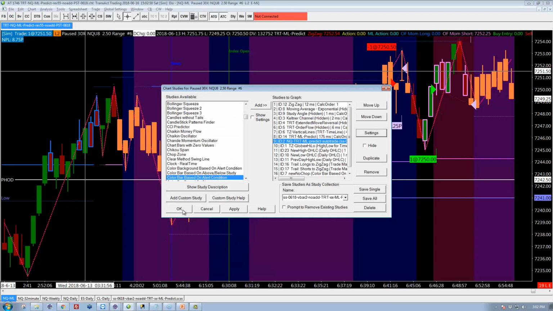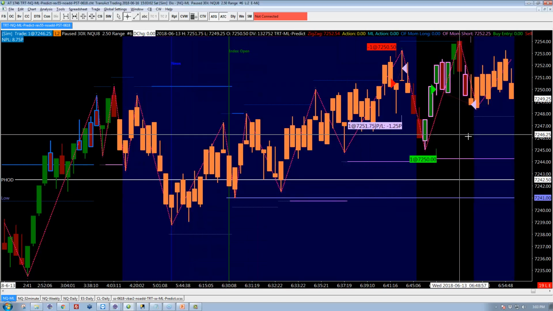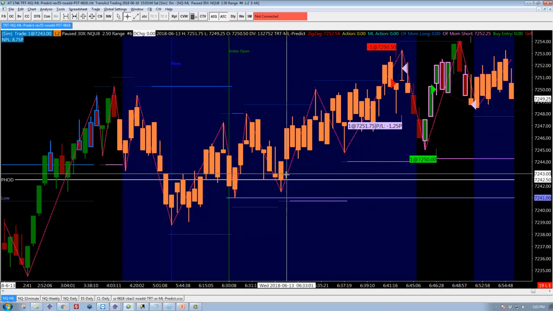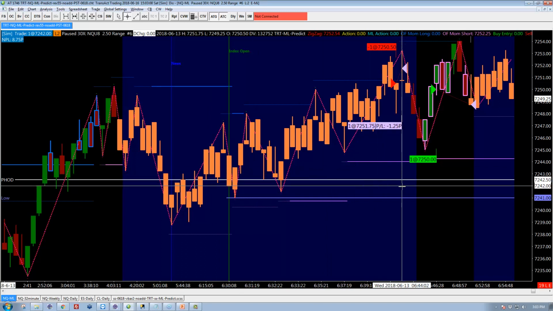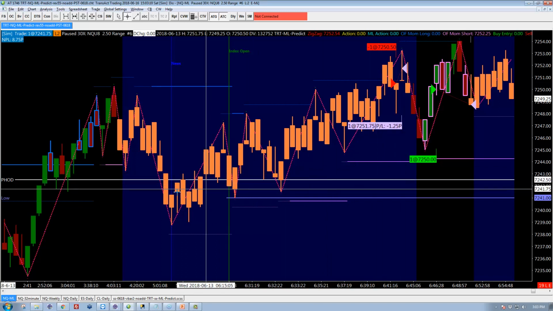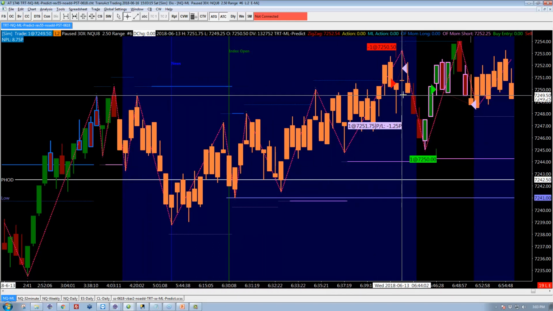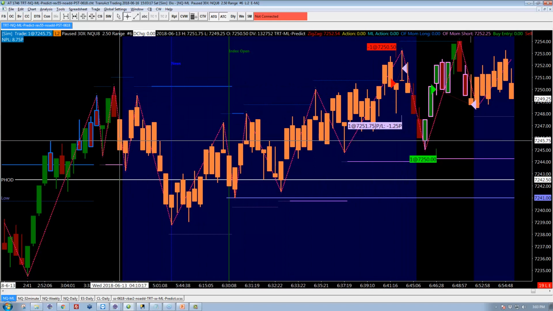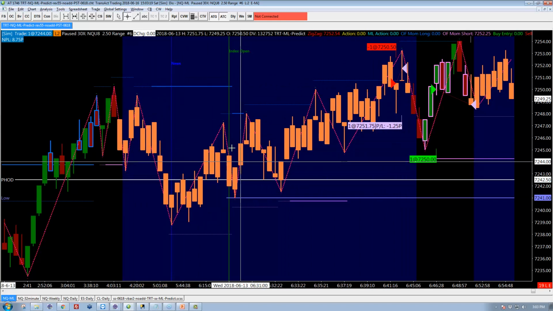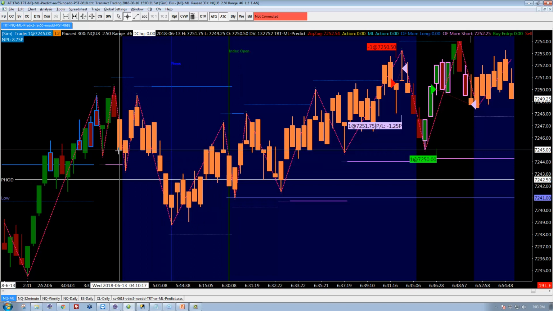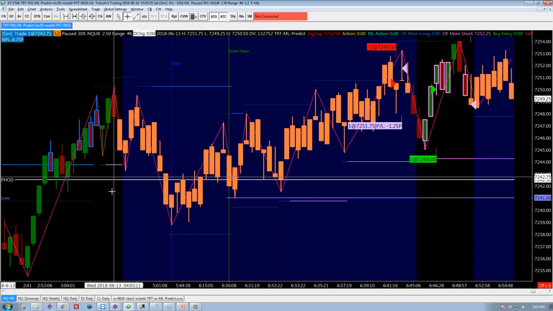So you can only see the long side. What I want you to do is compare the background that the spreadsheet is drawing with the orange bars. So the color bar by alert study, I just said color the bars because it's a very convenient way to do it. You'll notice that it's one bar sooner.